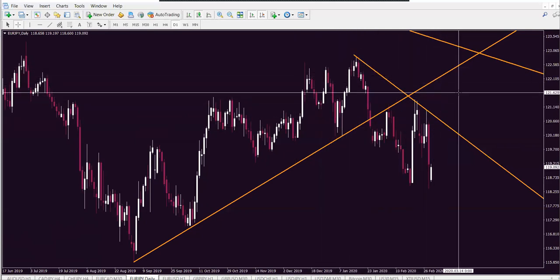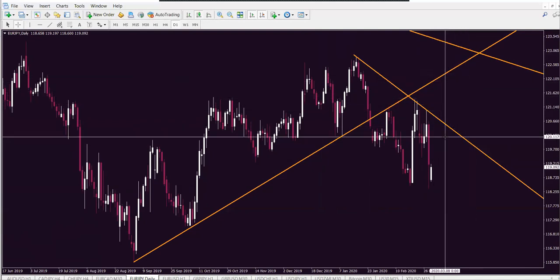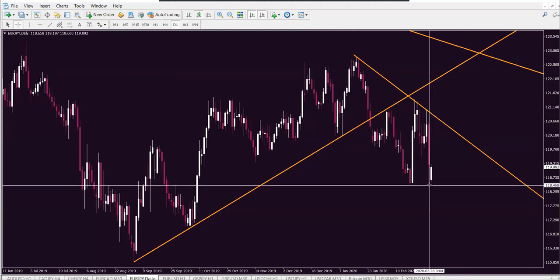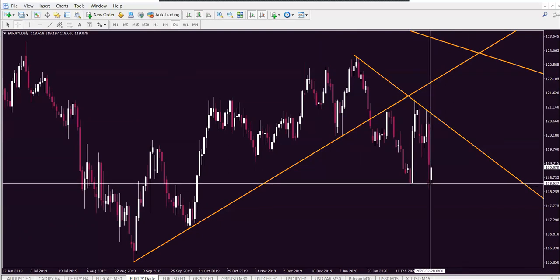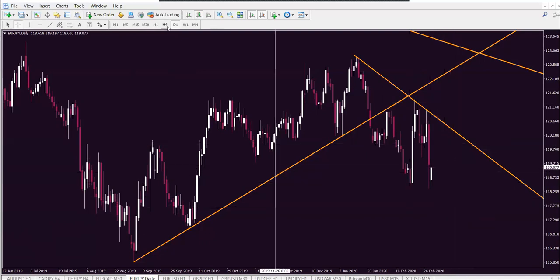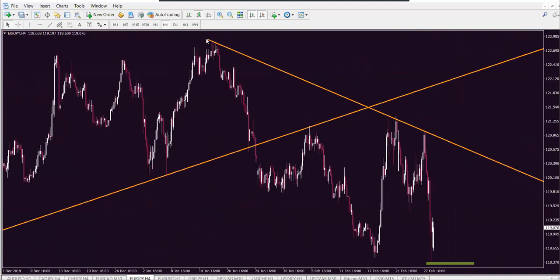If price goes up to this point, I'm not interested. I know a lot of people will probably be buying the market right here, but my strategy is not like that. I don't buy support and sell resistance. So let's take a closer look, see if we can find a sell. Let me correct this trend line.